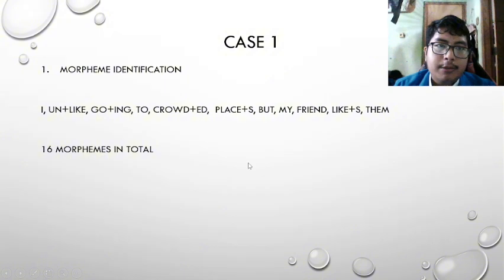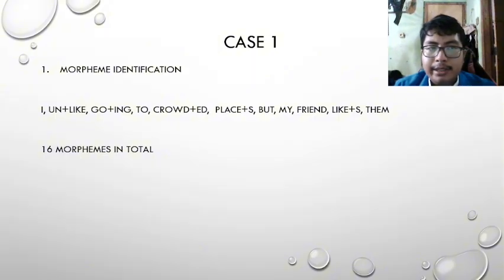Case 1. Morpheme identification. 1: I, un plus like, and go plus ing. 2: crowd plus ed, place plus s, but, my, friend, like plus s, and them. In total, there are 16 morphemes.